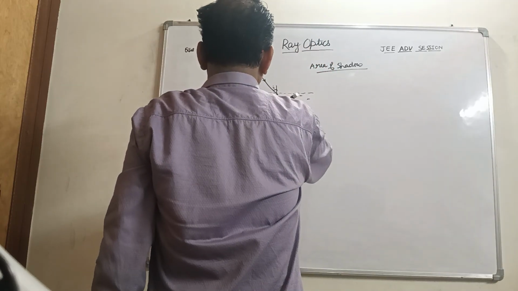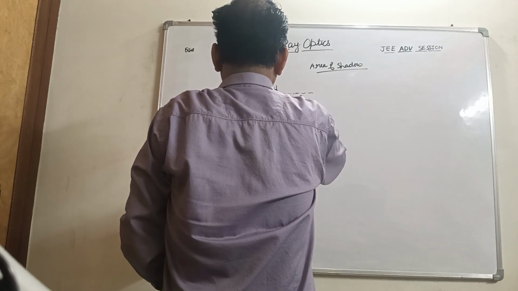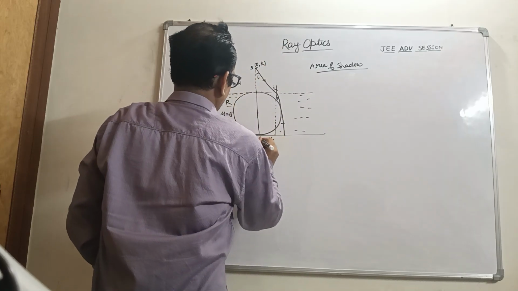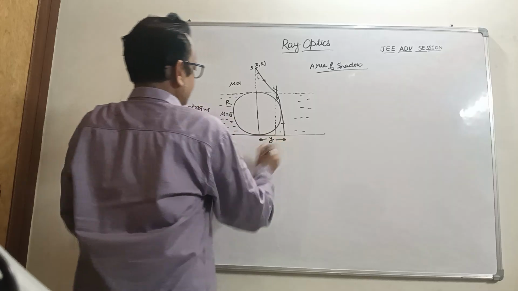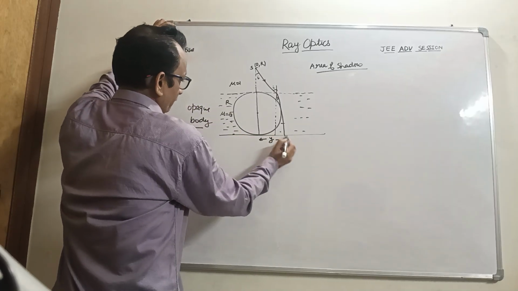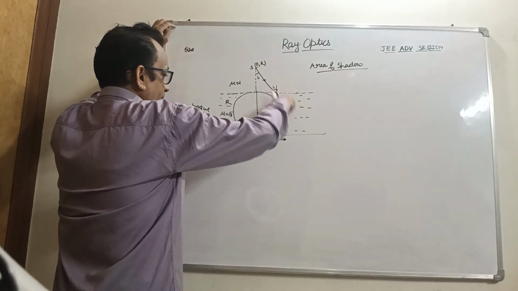This distance is suppose y. This is the radius of the shadow. Here the shadow forms when the refracted ray just touches this opaque body.